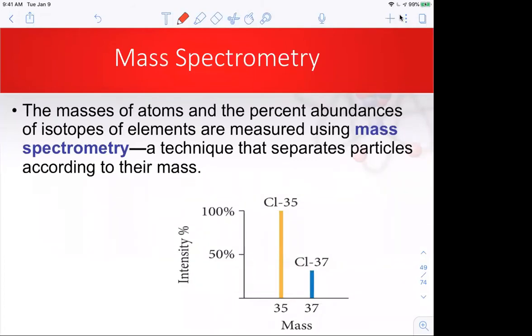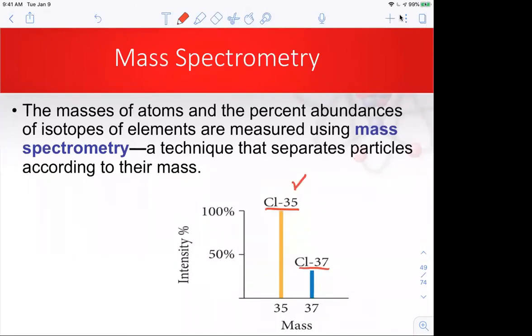Now, I talked a little bit about mass spectrometry, which is an instrument. The mass spectrometer is an instrument that can determine the masses of atoms and the percent abundance of isotopes. So this technique separates particles according to their mass. This would be a very simplistic trace. If I ran chlorine through the mass spectrometer, I have two isotopes.